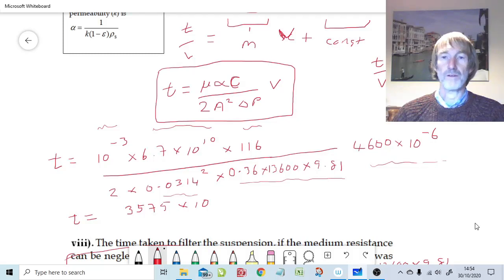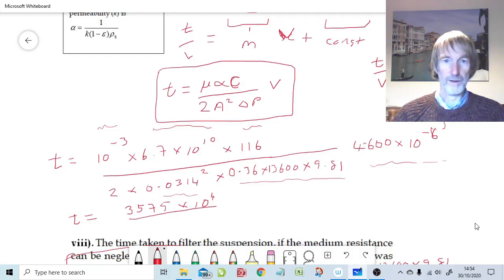Then that's another 3, 10 to the 4, so that's 10 to the 4 in total. That was 10 to the 3 because I made that 4.6 rather than 4,600 in the calculation. So quick check, that's minus 3, minus 3, that's 6, minus 6 in total. So that's 3575 on top.